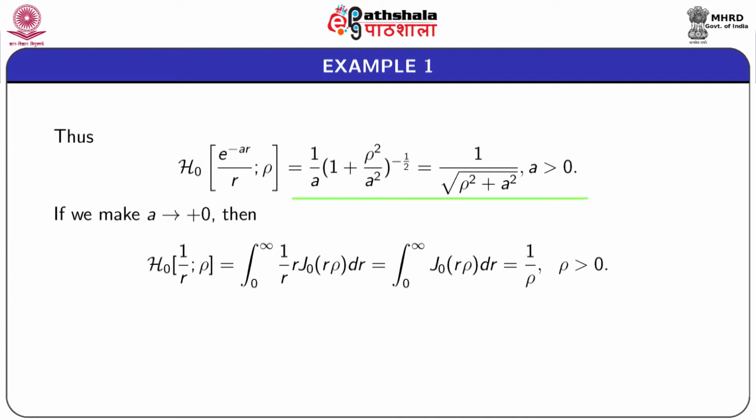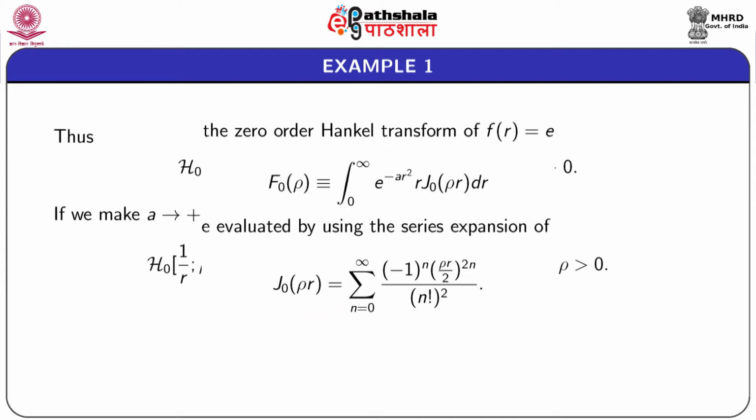Now, making a tending to 0 plus, Hankel transform of 1 by r is equal to integral from 0 to infinity 1 by r into r J naught(rho r) dr, which is equal to integral from 0 to infinity J naught(rho r) dr, which is equal to 1 by rho for rho positive.